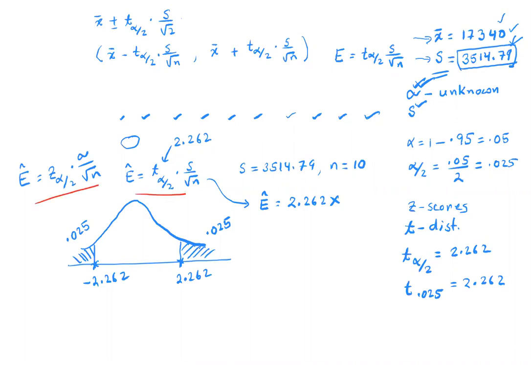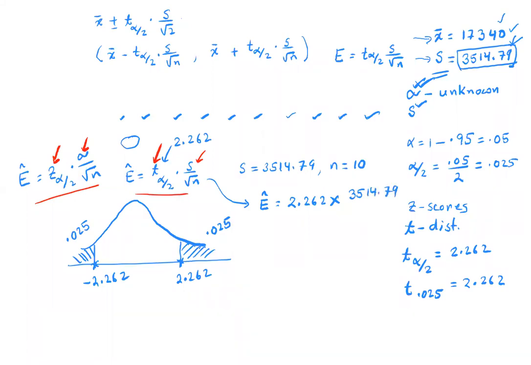You replace Z sub alpha over 2 by T sub alpha over 2, and you don't know sigma, so you replace it by S. That's something that's going to help you compare and contrast these two things, which is going to help you learn better.